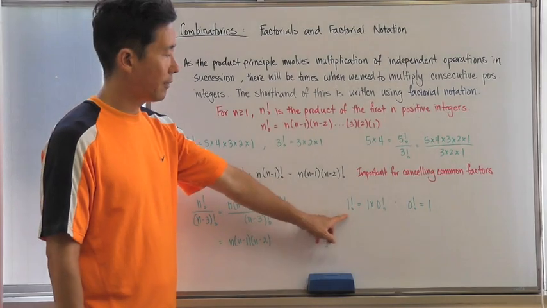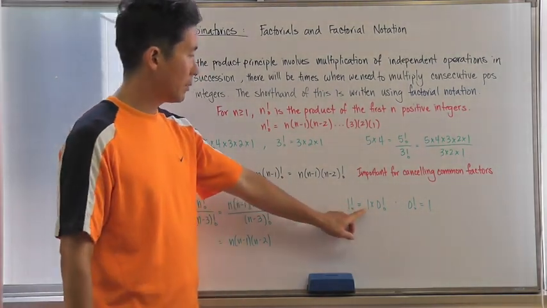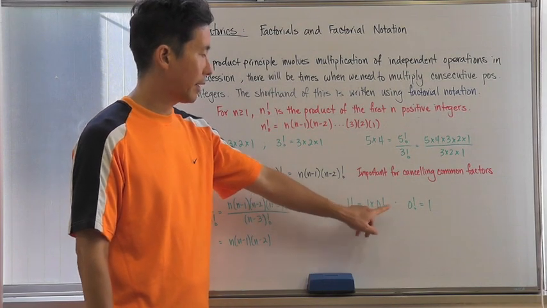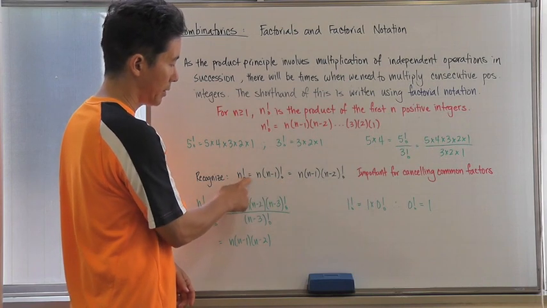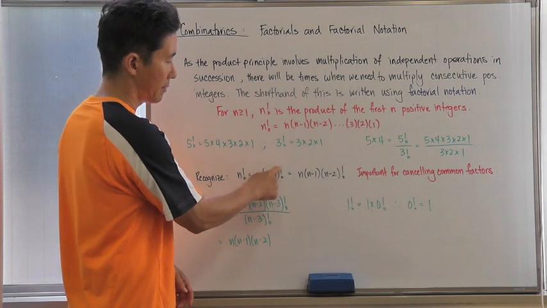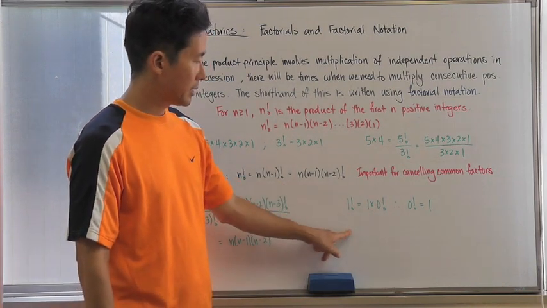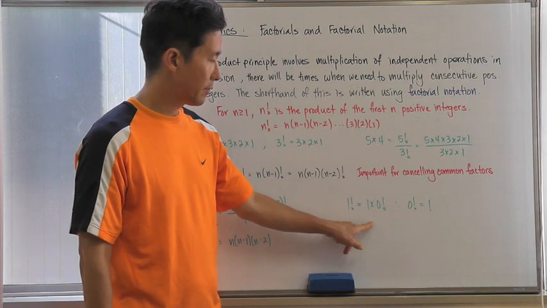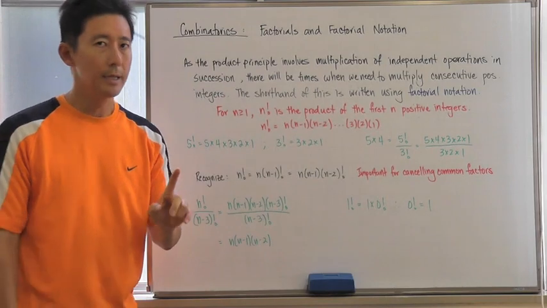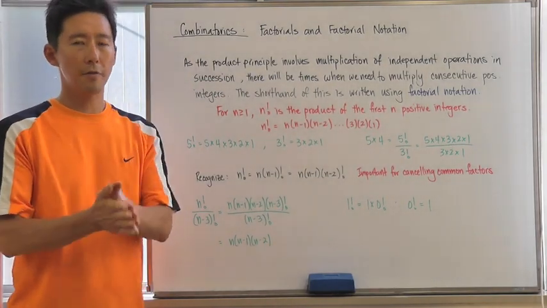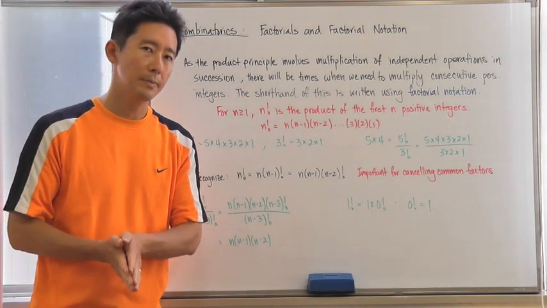If we have 1 factorial, we just said that it's equal to 1. So it's equal to 1 times 0 factorial, because of this property here. If we take a look at both sides of the equation, this is 1 times 0 factorial, so that means 0 factorial also has to be equal to 1. So be careful: 0 factorial is not equal to 0. 0 factorial is equal to 1.